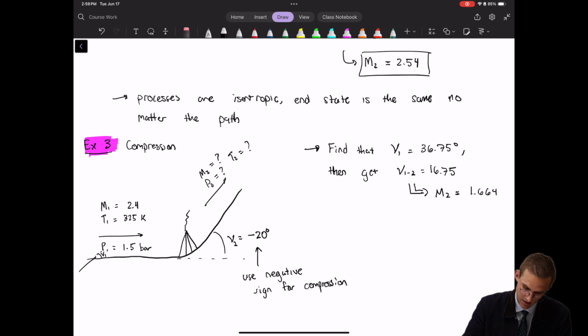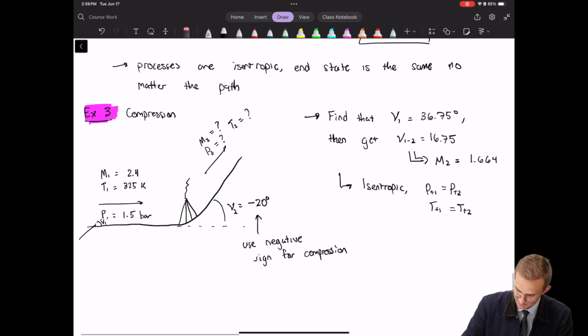Then also, crucially, this entire process is isentropic, so PT1 is equal to PT2, and TT1 is equal to TT2. So we know that P2 is equal to P2 over PT2, times PT2 over PT1, times PT1 over P1.